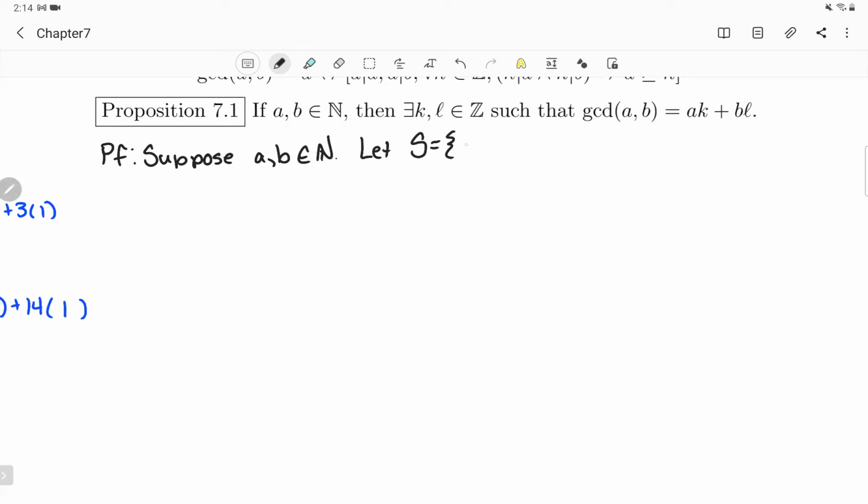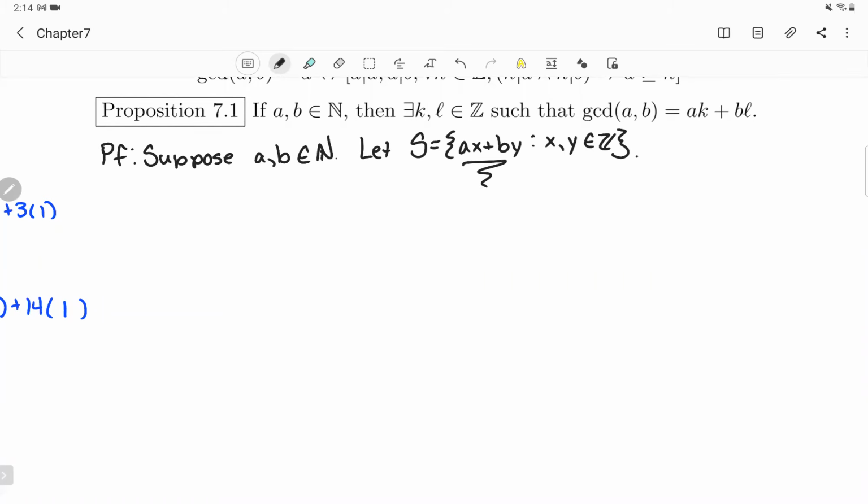And it's going to be things of the form AX plus BY such that X and Y are integers. So basically I'm letting S be all possible linear combinations of A and B. All right.